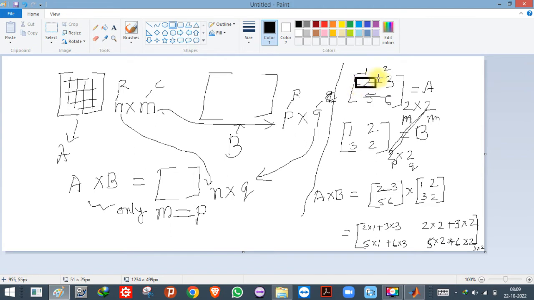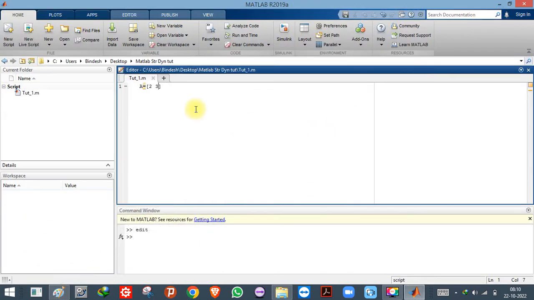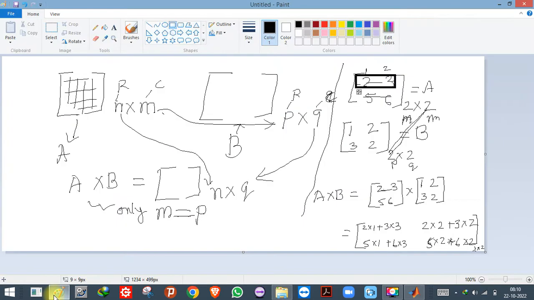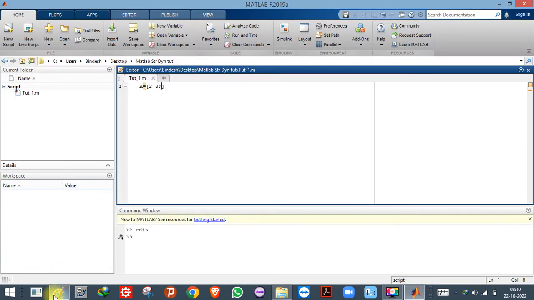First row I have written, now I will go to the second row. To go to the second row, I'll simply use a semicolon. What is the second row? 5 6. So 5 space 6. Now this will give me a 2 by 2 matrix.